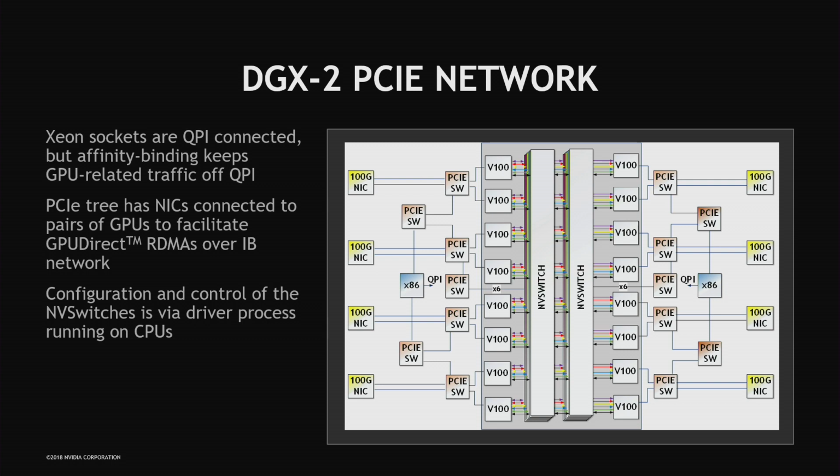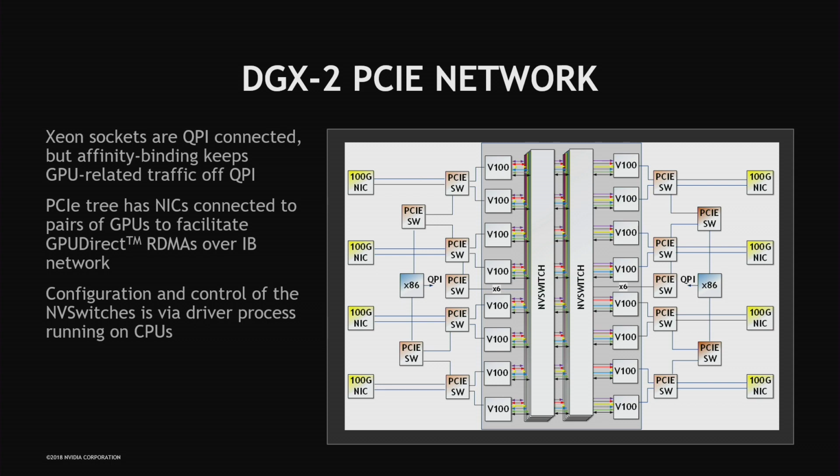Now, the NVLink fabric is dedicated to GPUs talking to each other. So for the GPUs to talk to things like NICs and the CPUs, we need to use a regular, conventional, albeit very large, PCIe network. But even that network, we spent some time optimizing.